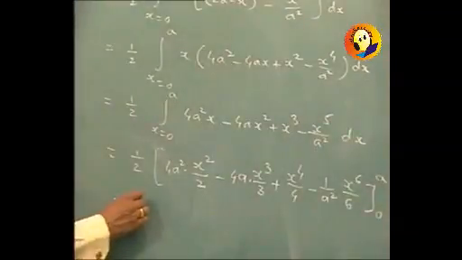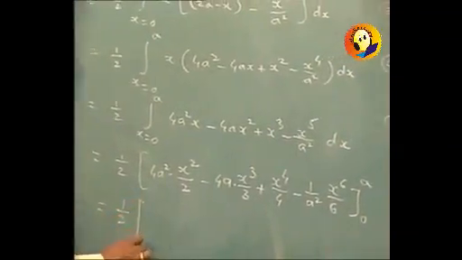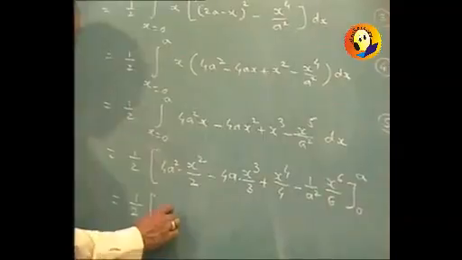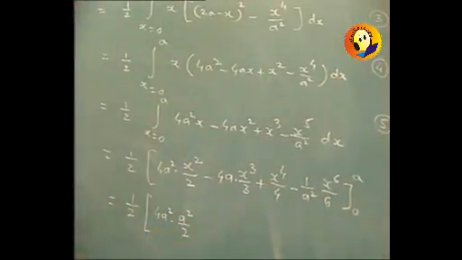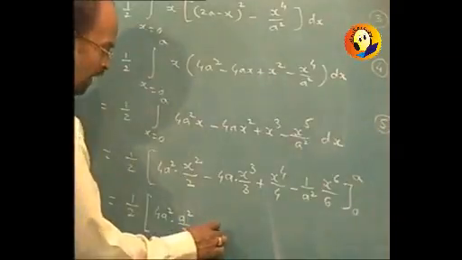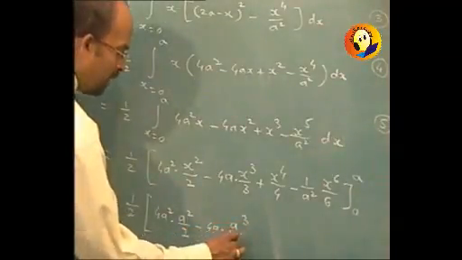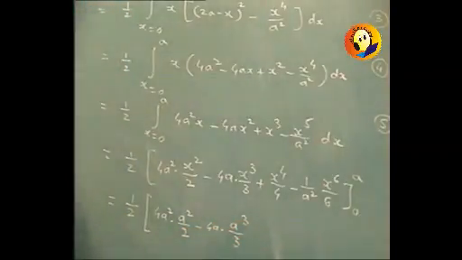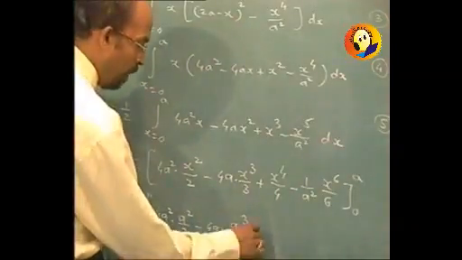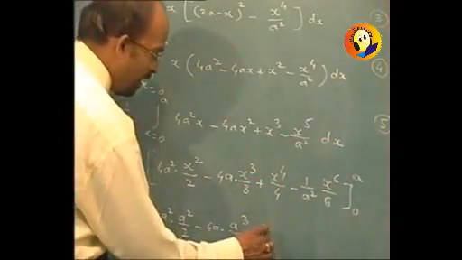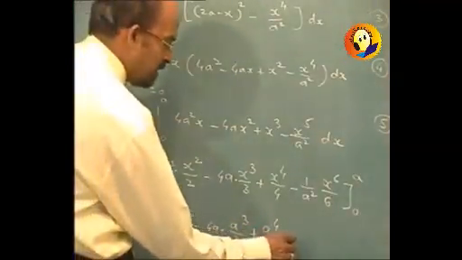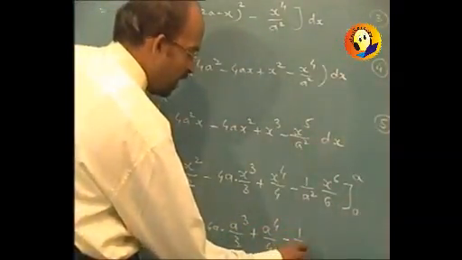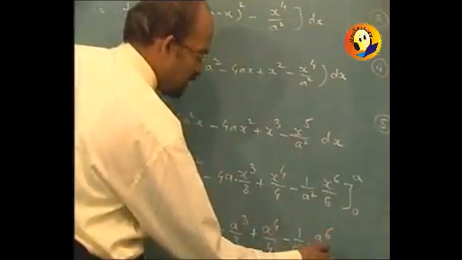And so this will come out to be 1/2 into bracket 4a square into a square by 2, value at upper limit x equal to a, minus 4a into a cube by 3, value at upper limit of x is x equal to a, plus again x equal to a, it will be a raised to 4 upon 4 and minus it will be 1 upon a square into a raised to 6 upon 6.